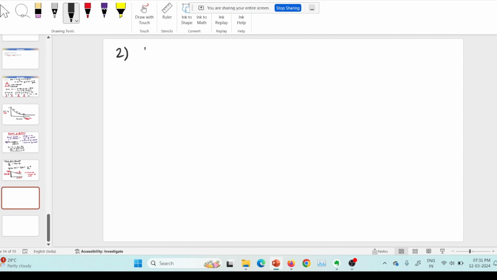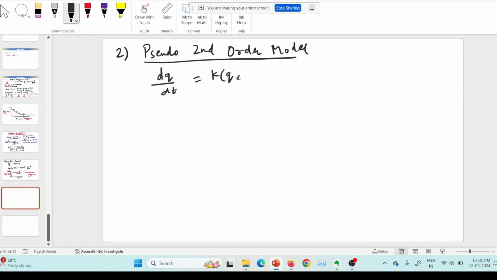The second one we will see is the pseudo second order model. It is dq by dt equals k into qe minus q, whole squared.